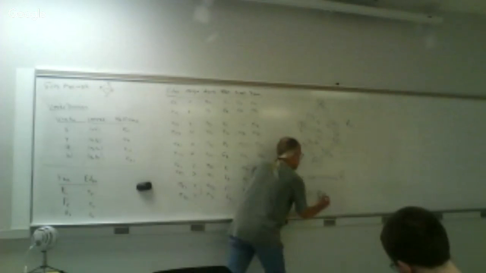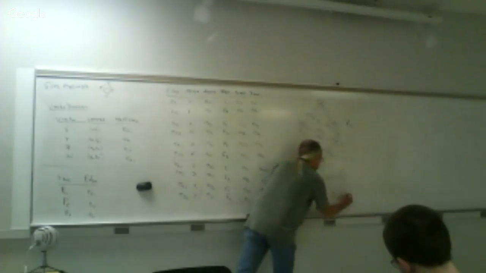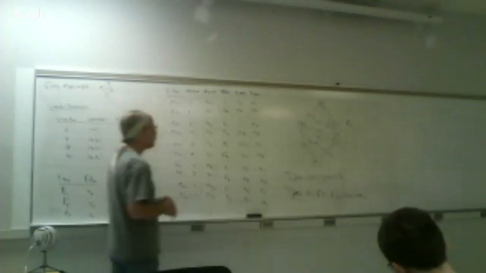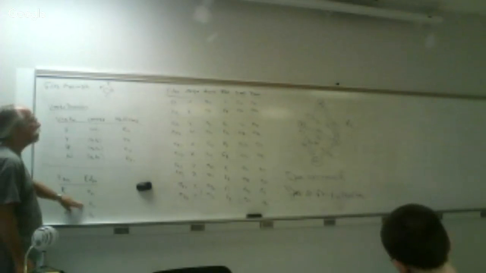I'm at F2 and I want to find the adjacent faces. So the enemy says, you're at F2, name all the faces you're adjacent to. Well, I go to F2, I find my edge, E21.